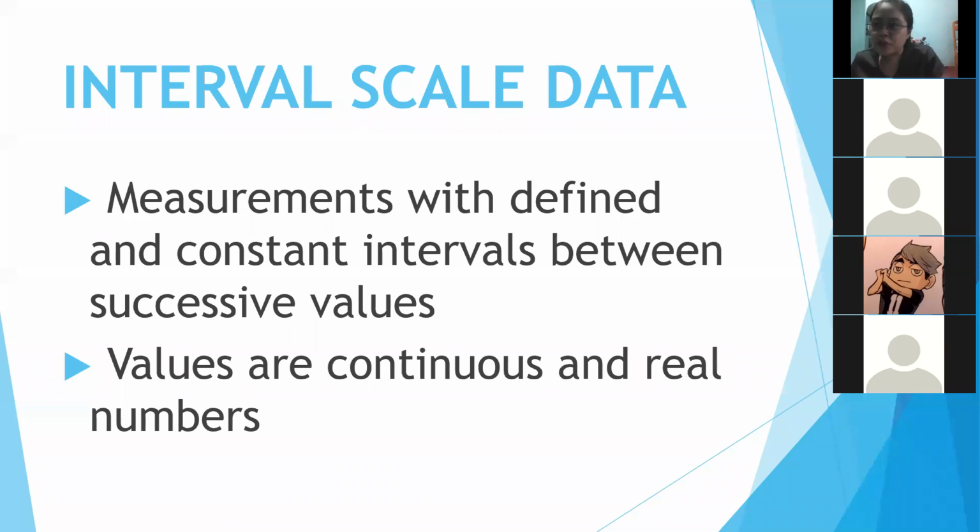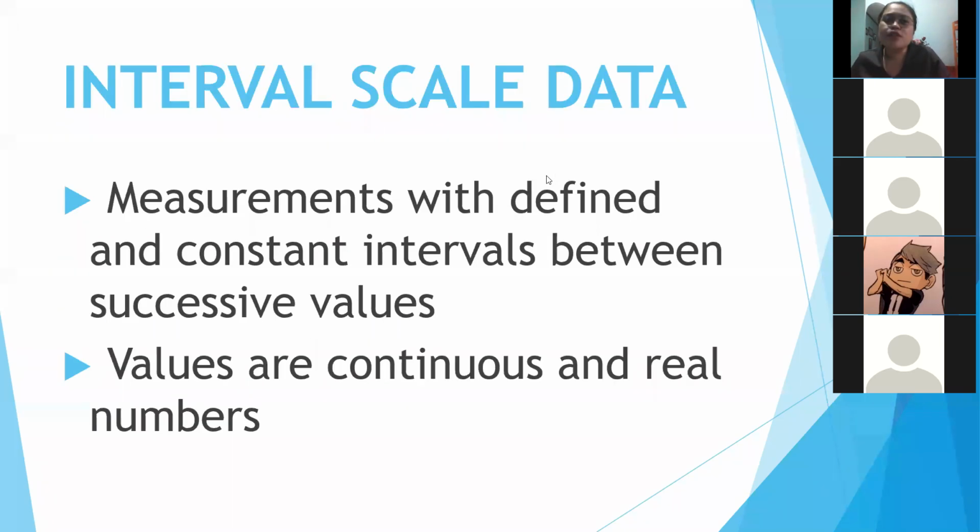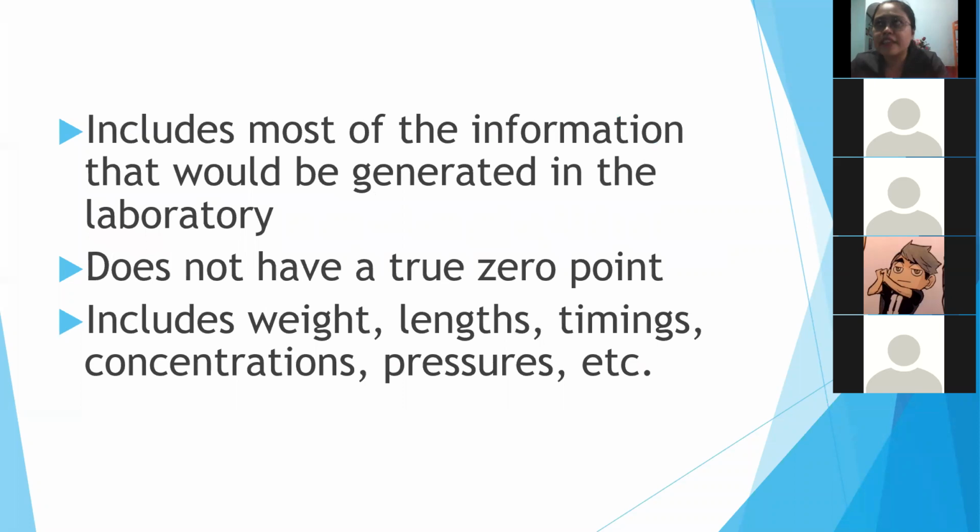They are continuous, 1, 2, 3, 4, and naa sila'y most likely ginasunod na intervals between values. So most of the interval scale data are katong mga data na makuha nato inside the laboratory. What separates the interval data to the ratio scale is ang interval scale, wala siya true zero.